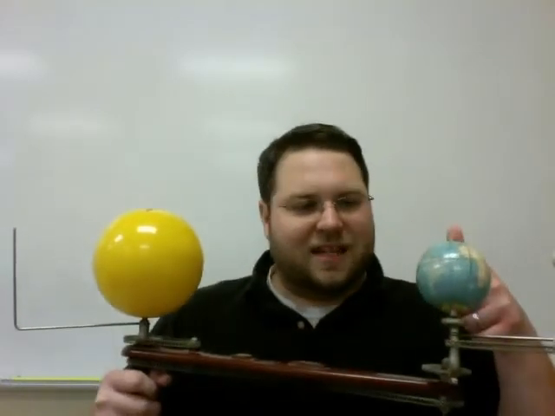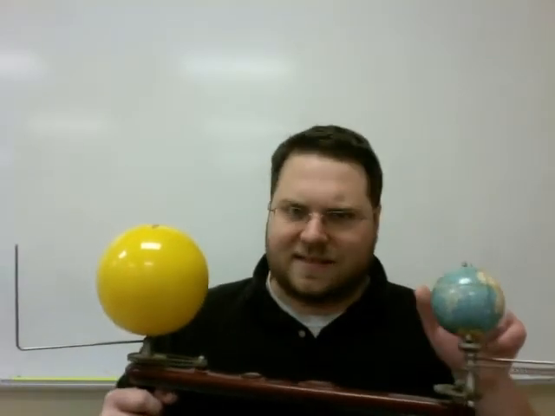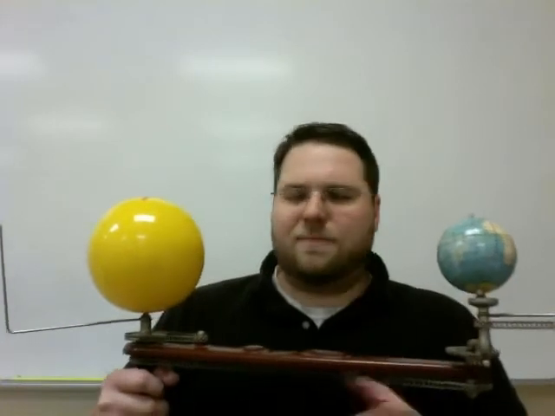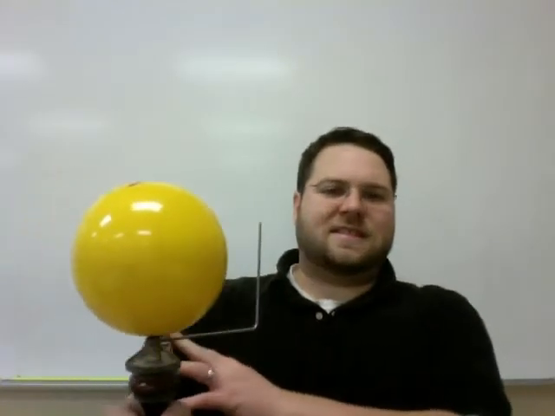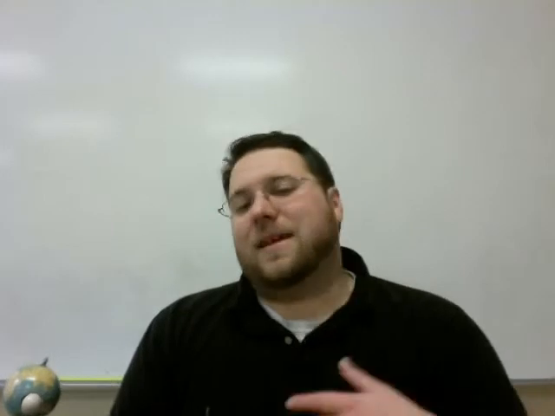So sitting in my chair, compared to the ground, I'm not moving at all, 0 miles per hour. Compared to the center of the earth, I'm moving at 866 miles per hour at the same time. And compared to the sun, I'm moving with the earth at 66,700 miles per hour. A huge speed.